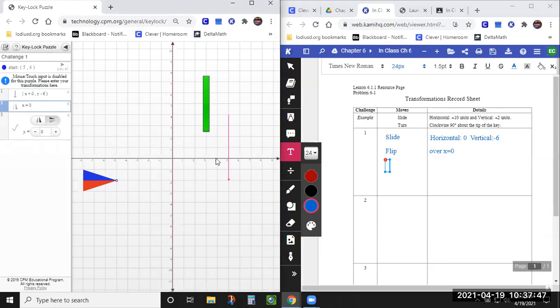When we flip from top to bottom, we're looking at the Y. So we're doing a flip over Y equals what value? Is that Y equals positive 2? No, Y equals negative 2. Exactly. So we have to flip over Y equals negative 2.